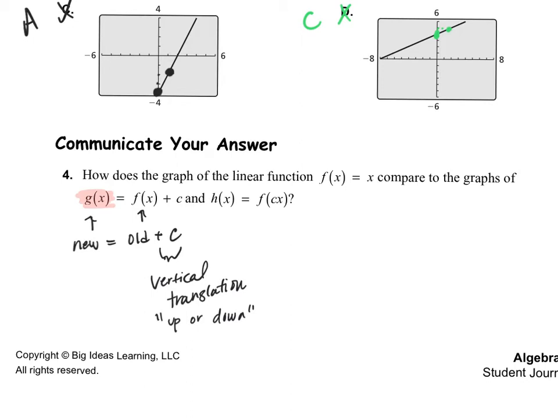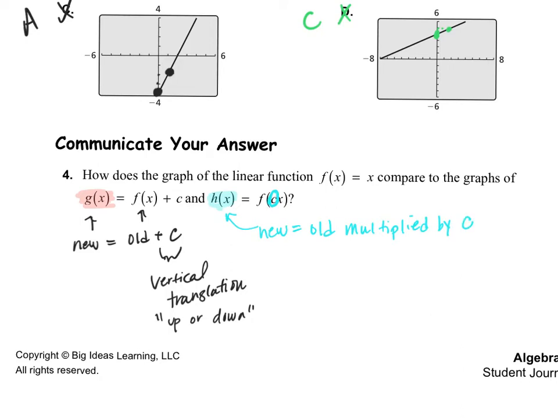Okay, so this next one, same kind of thing. Here's your new. So new equals your old. And you see how there's a c on the inside? That means you're going to have multiplied by c.